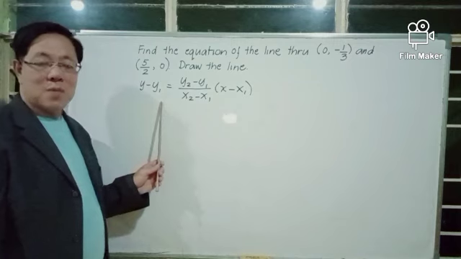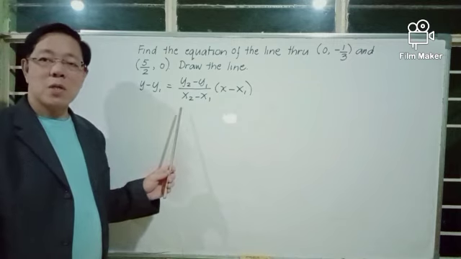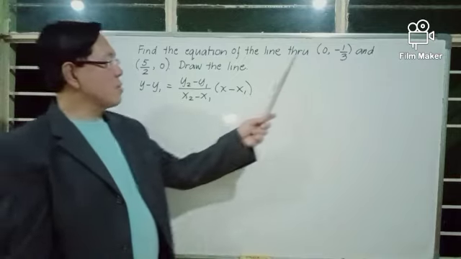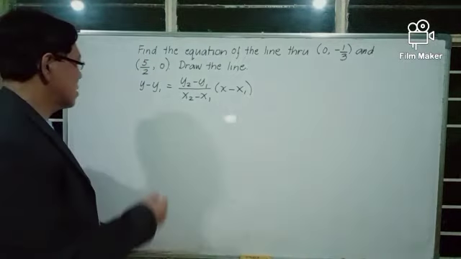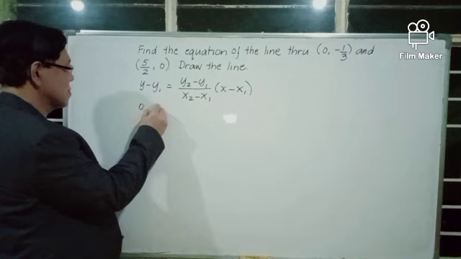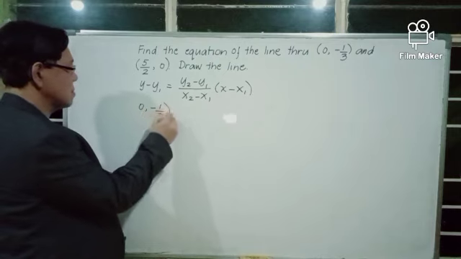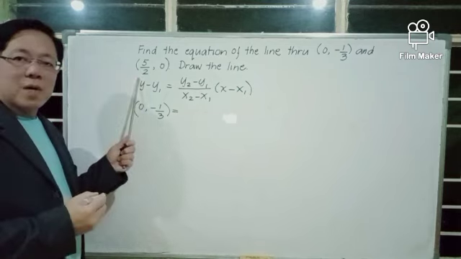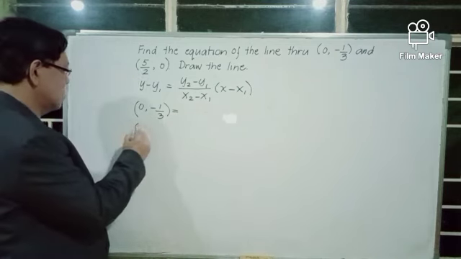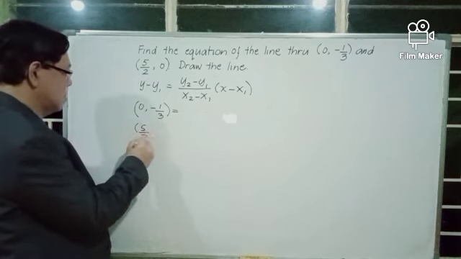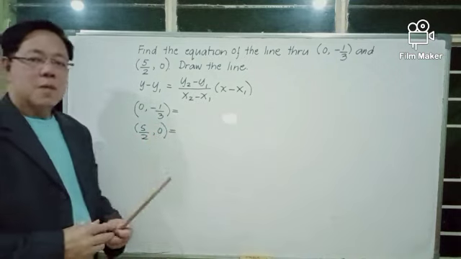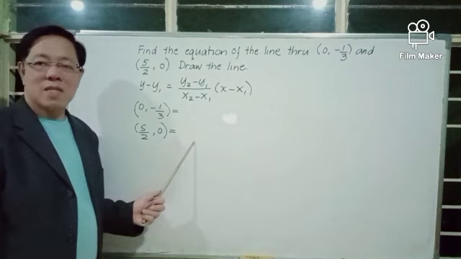To find the equation of the line using the 2-point form, 2 points on the line must be given. And we are given the point (0, negative 1/3) and the point (5/2, 0). Any one of these 2 points may be taken as the first point.